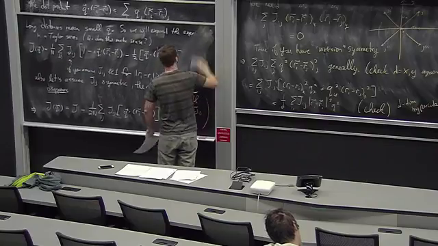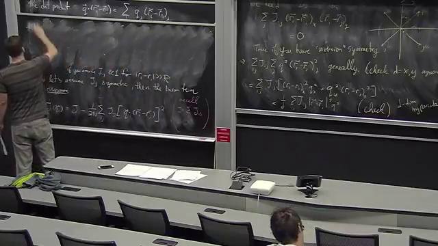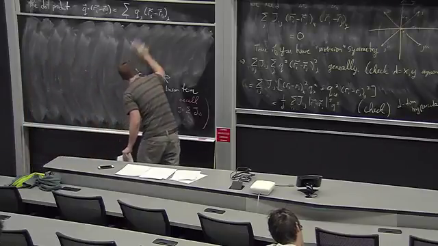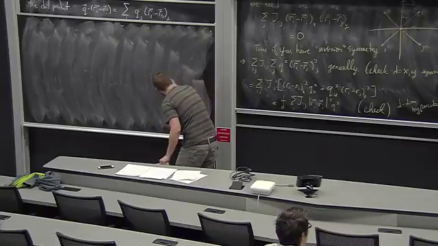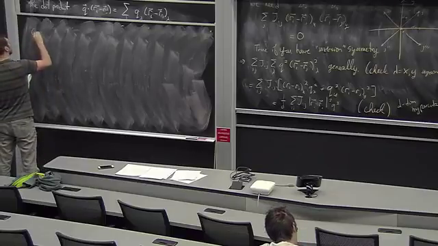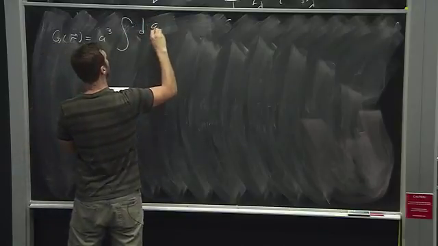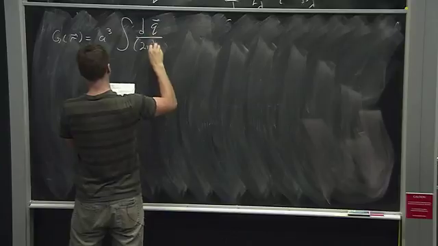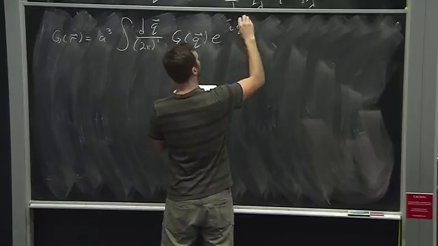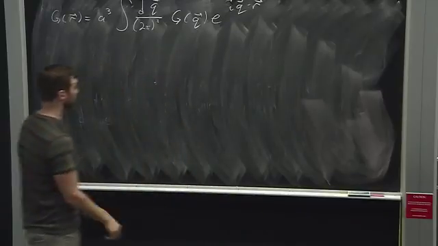So now I'm just going to take the continuum Fourier transform. G of R, which is the thing I want. Do it in 3D. 1 over 2 pi cubed, integral of G of Q, e to the i Q dot R. Much nicer in the continuum.